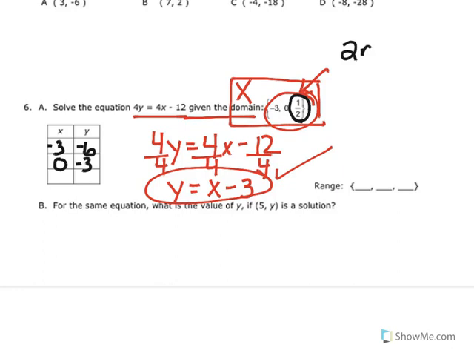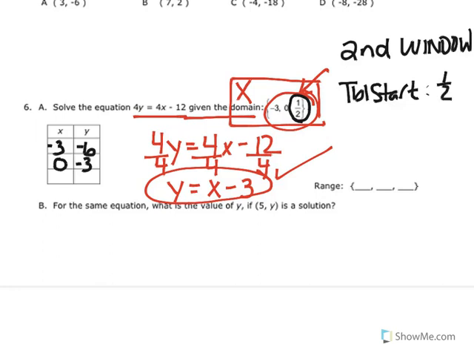If you hit your second button and then the window button, second window, and at the very top where it says table start, just clear that and put that you wanted to start at 1/2. And when you do that, now when you go to the table, it's starting at 1/2, and so we know that at 0.5 or 1/2, the answer is -2.5.